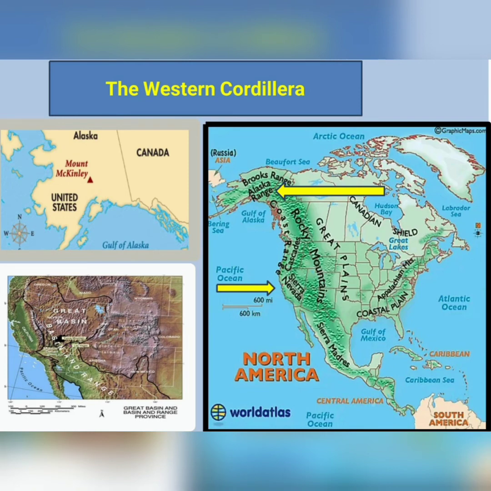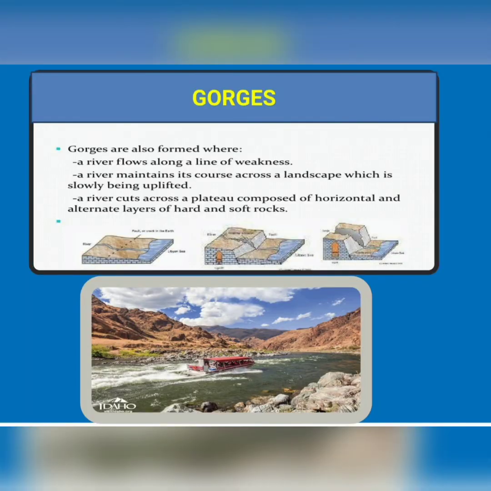Colorado is the major river of this region, and the river, along with its tributaries, has cut deep valleys in the soft rocks of the area. These steep sided valleys are called gorges.